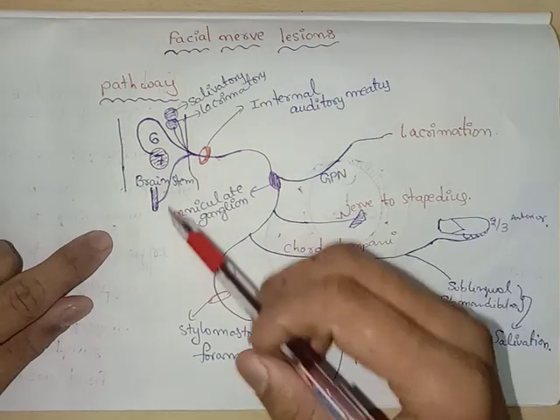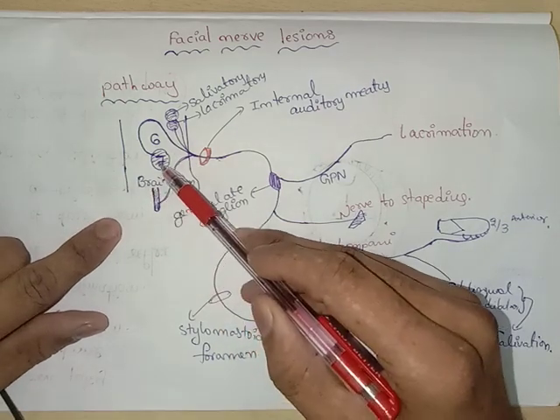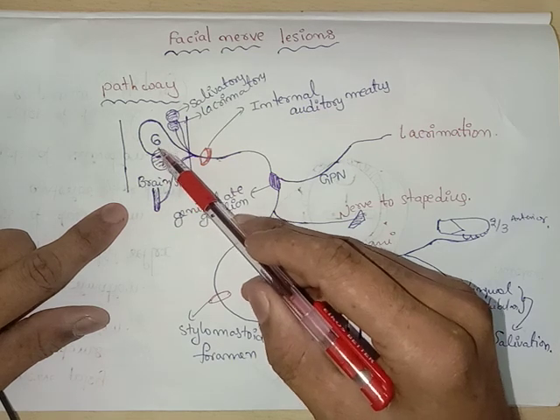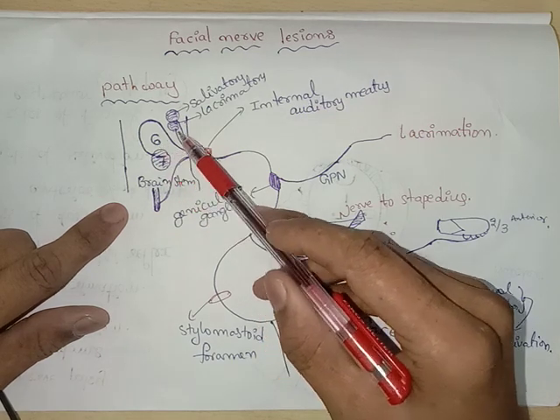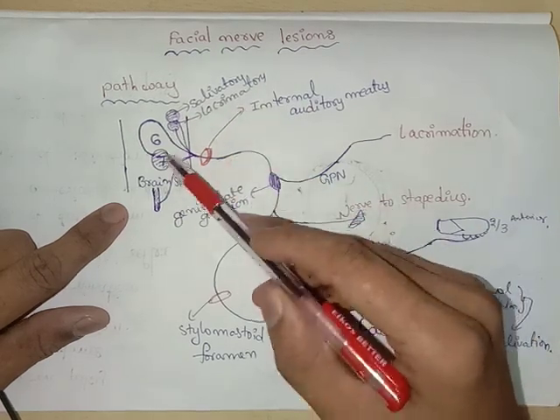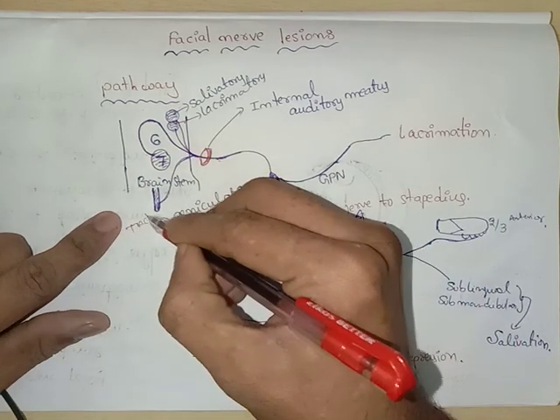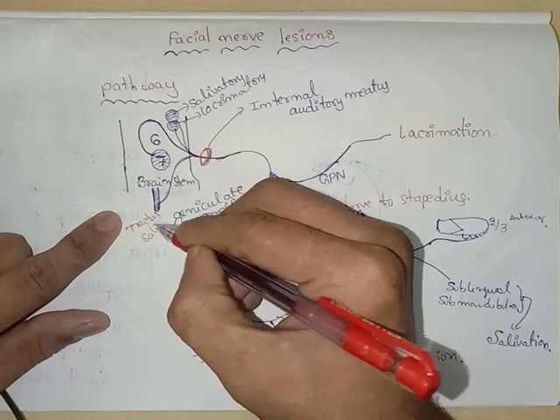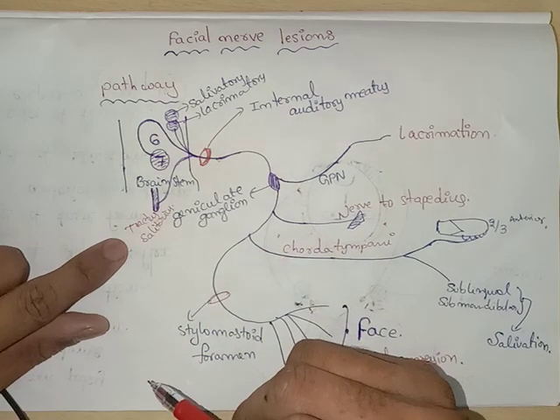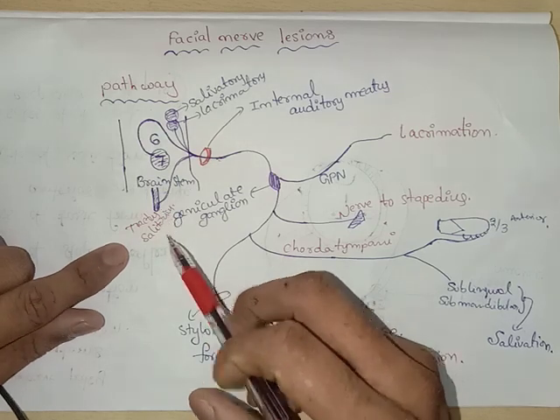Pathway. First, it starts in the brainstem. There are the seventh nerve nuclei, and beside them there is the sixth nerve nucleus, and above that there is the salivatory nucleus and lacrimatory nucleus, and below these there is the tractus solitarius, which receives the taste from the tongue.